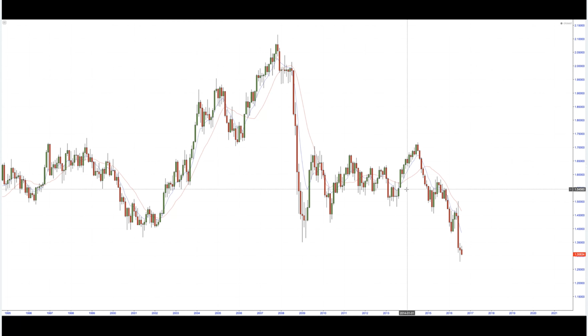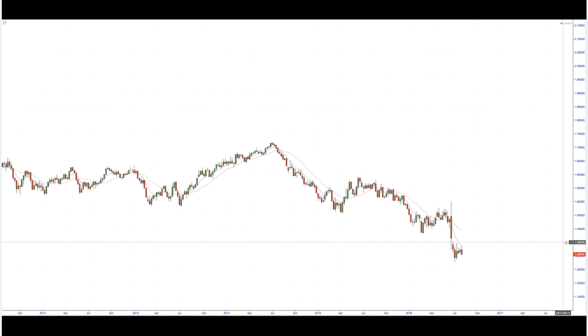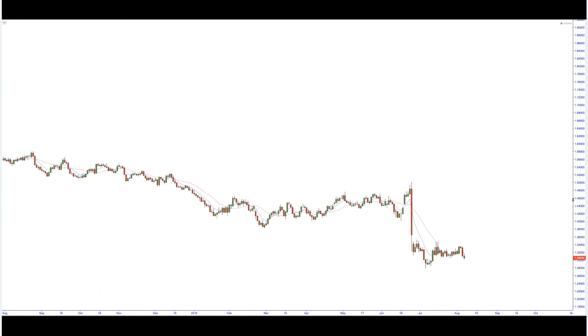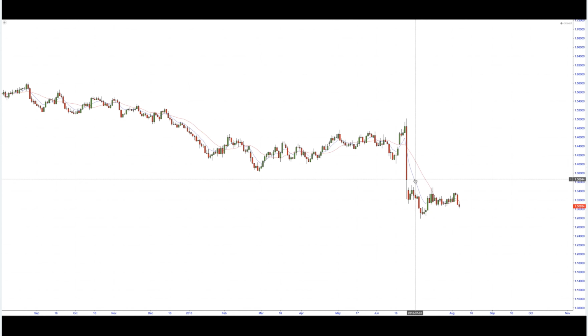So to get the overall momentum, you want to read the overall momentum of the market. As you can see, the momentum on this monthly time frame is in fact down at the moment. If you run down to the weekly, the momentum is down here as well. Sorry, the moving averages are down on both time frames. If we look at the daily as well, the moving averages have just crossed over again here.